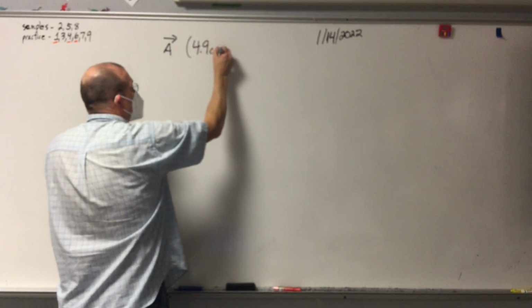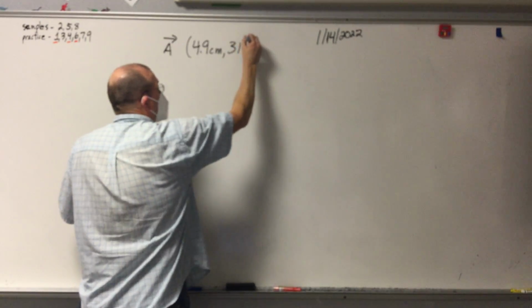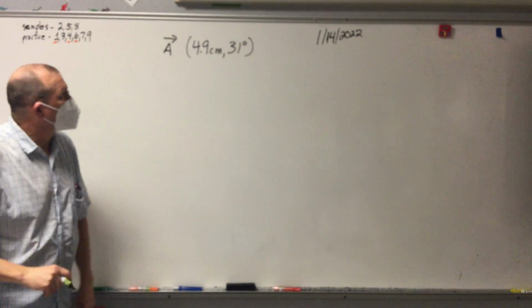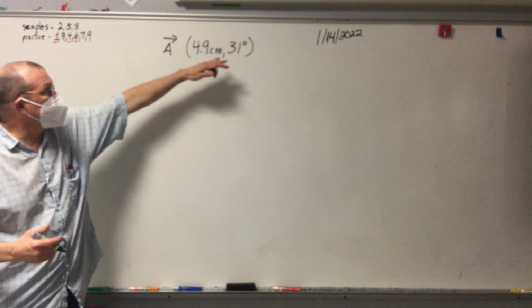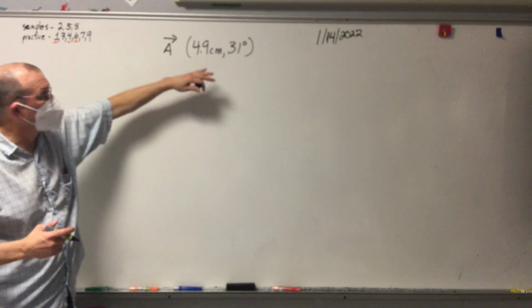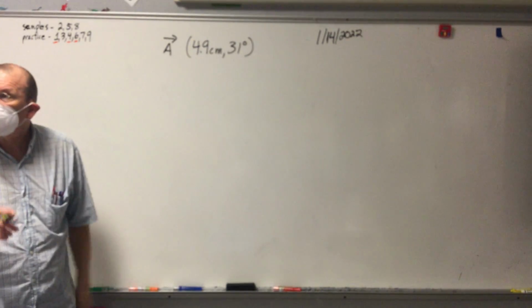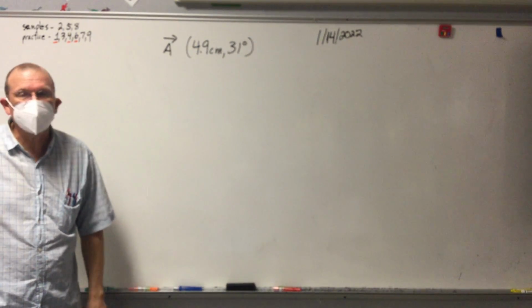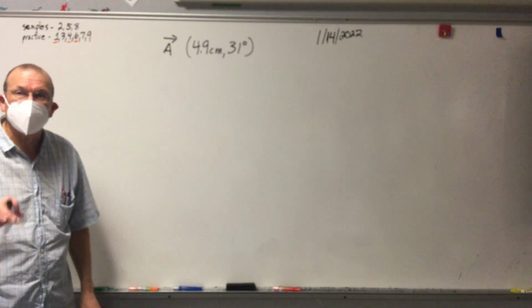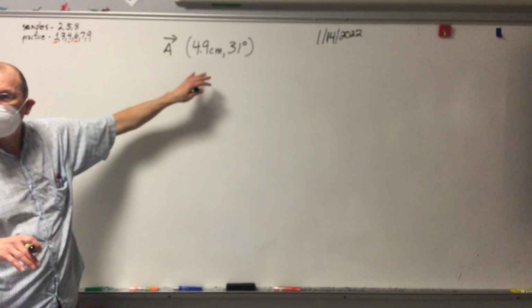From your master list, copy down the magnitude and direction that was given to you, and then make a quick little sketch. You don't need a protractor, just a quick sketch of what A would look like.